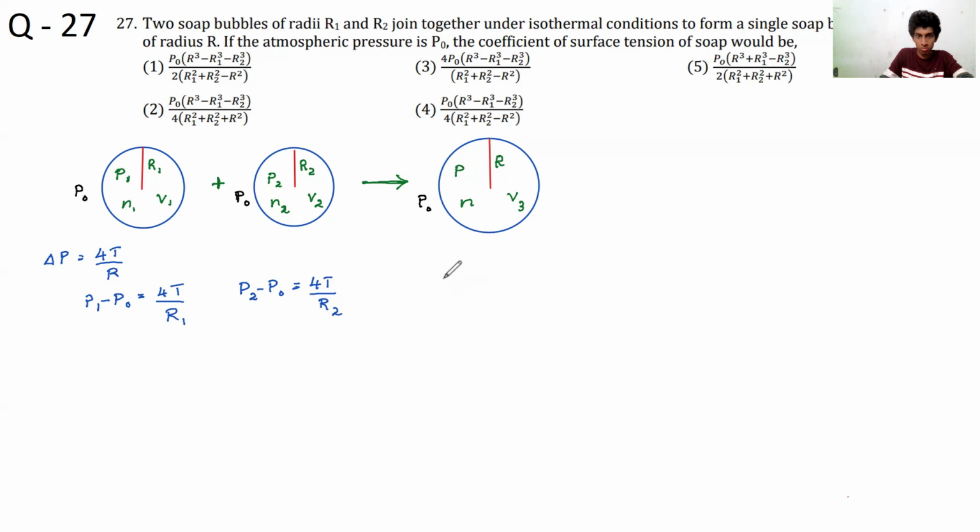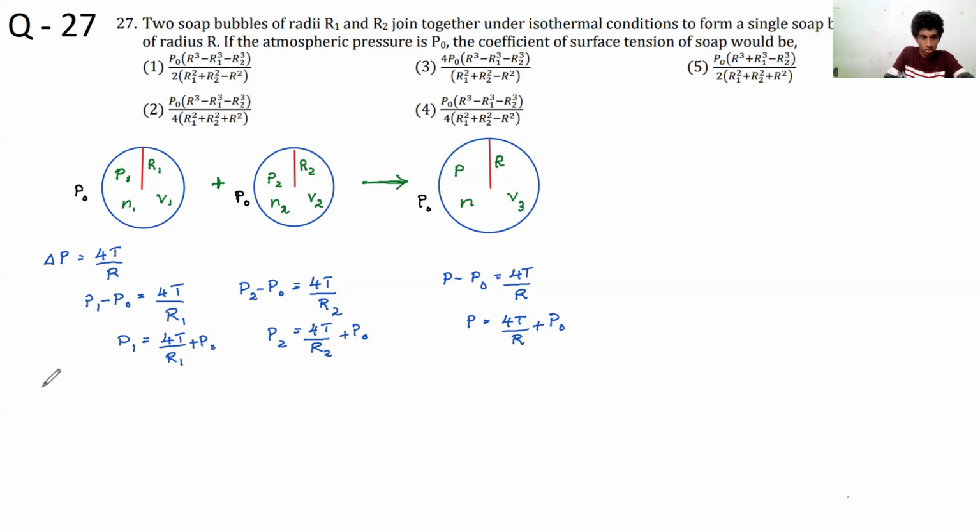And for the third soap bubble, it is P minus P naught is equal to 4T over R. Now let's make P1 the subject: P1 is equal to 4T over R1 plus P naught, and here P2 is equal to 4T over R2 plus P naught, and here P is equal to 4T over R plus P naught.